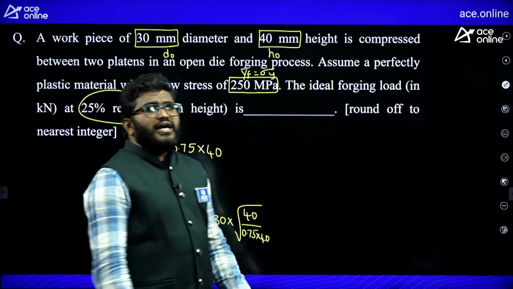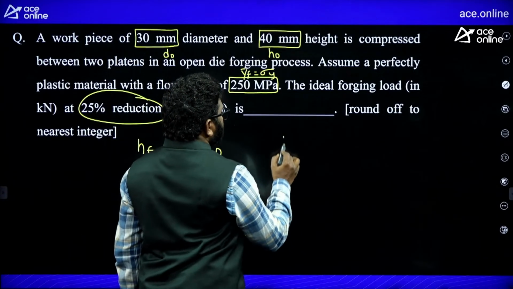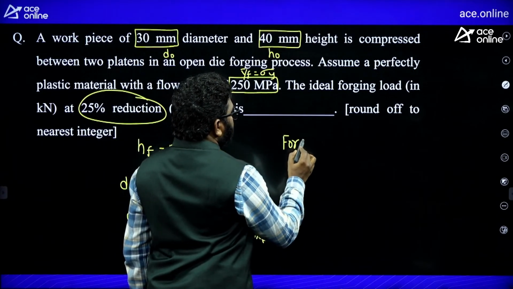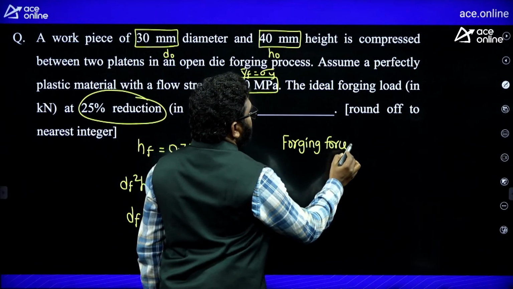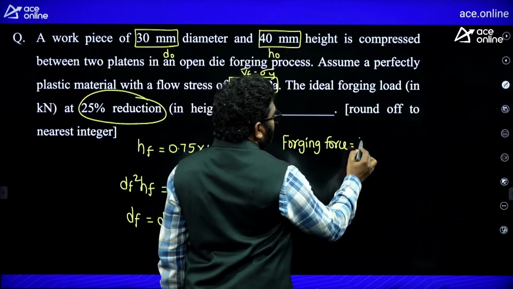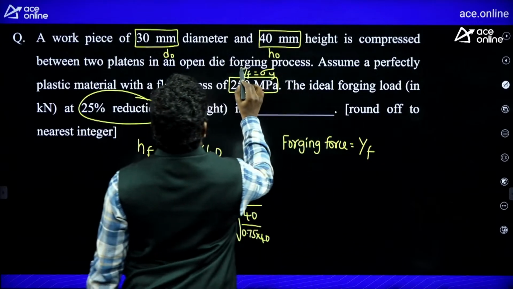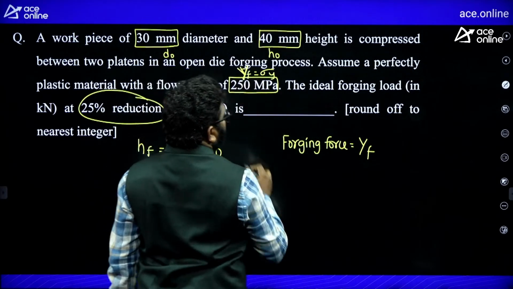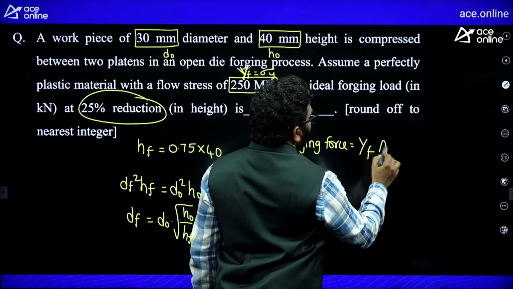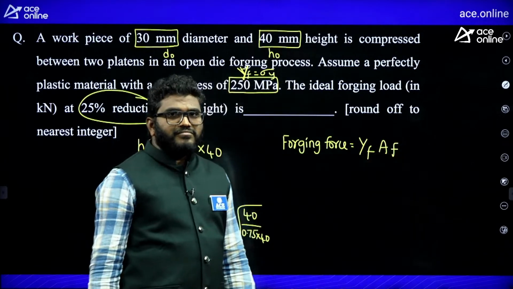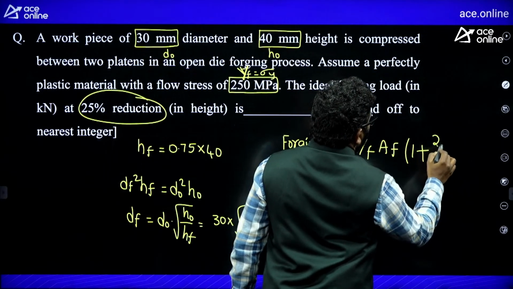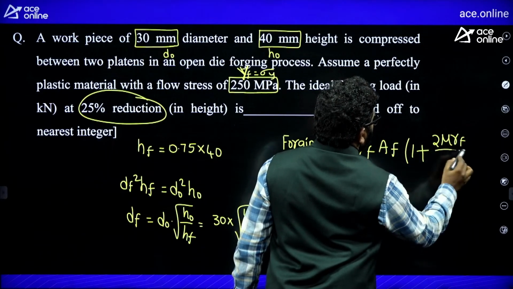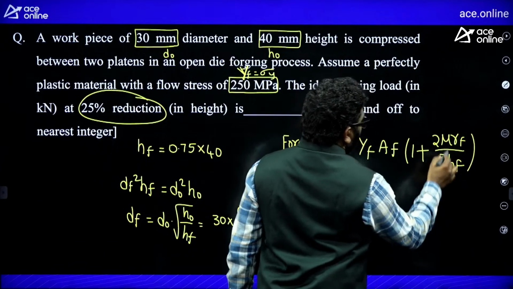And we know that the forging force, ideal forging force, is not average, it is just a flow stress. Okay, we should not use average flow stress: YF into AF. Generally, there is a formula, YF into AF plus 2 mu RF by 3 HF, but in the question friction is not given.